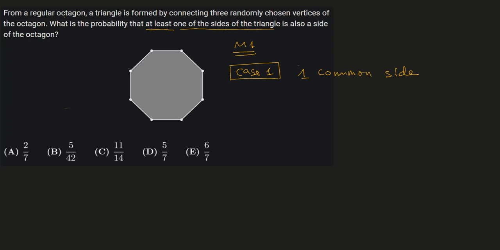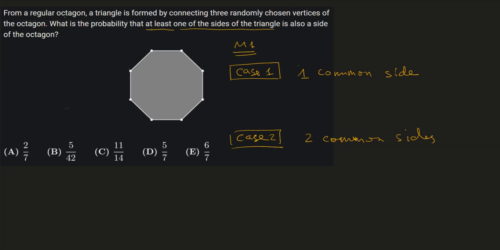And in the second scenario, let's consider the case that these two shapes have exactly two common sides. Let's call that case 2. All right. Do we have a case 3 such that all three sides of the triangle are sides of the octagon?